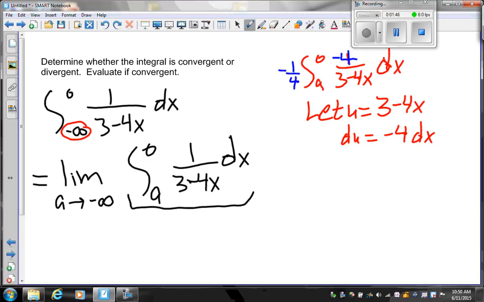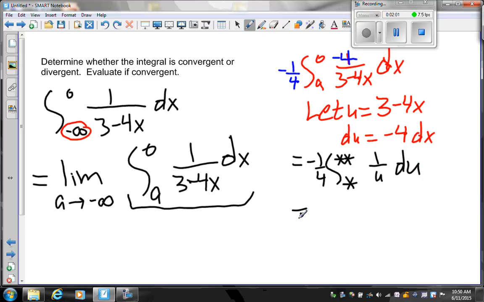Substitution. So this turns into negative 1/4 times the integral on the new limits of integration, whatever they may be, of 1 over u du.